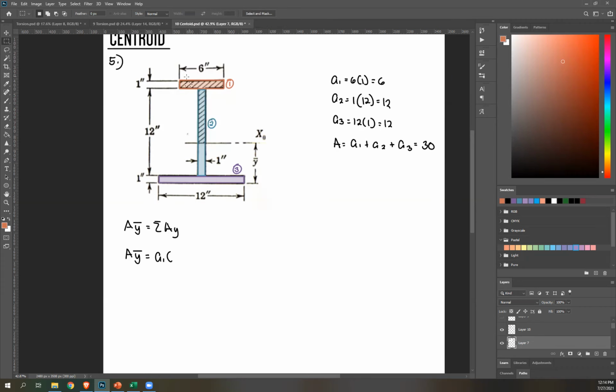So this is your area 1, right? And then its centroid, you already know the centroid of a rectangle is just half its span, so it's somewhere here. Right? Therefore, the distance of that point from the reference axis is your Y1.